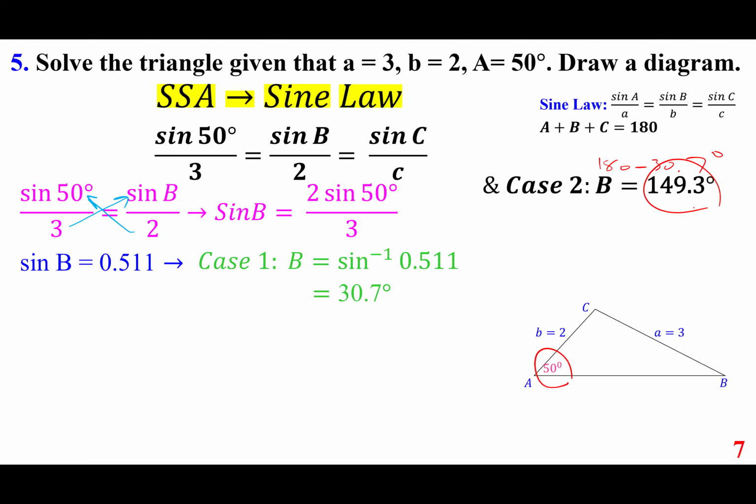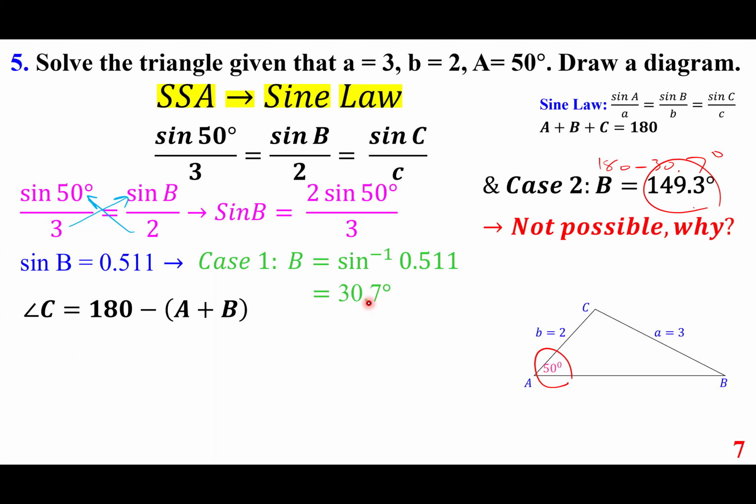So the first case, meaning we have 50 and 30.7, add them up. We get 80.7. Subtracted from 180, 99.3 is the last angle.